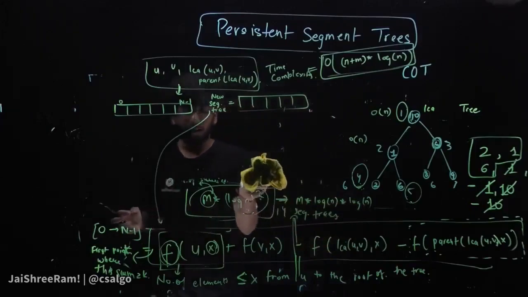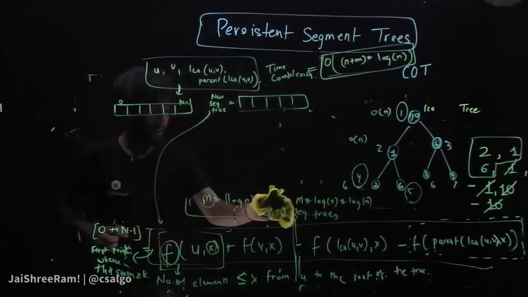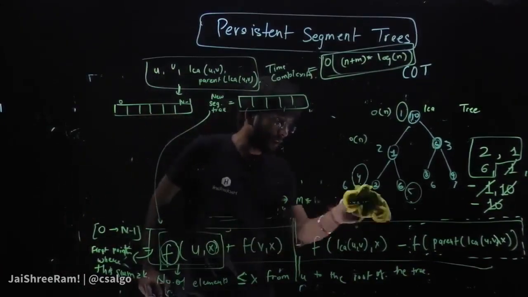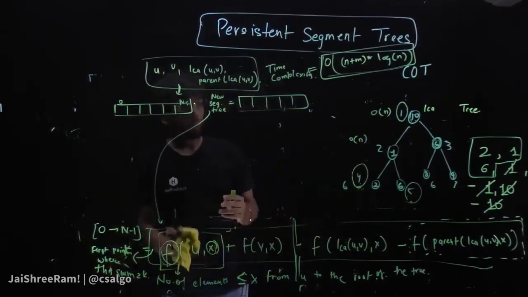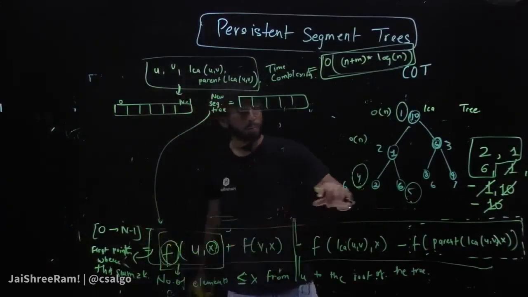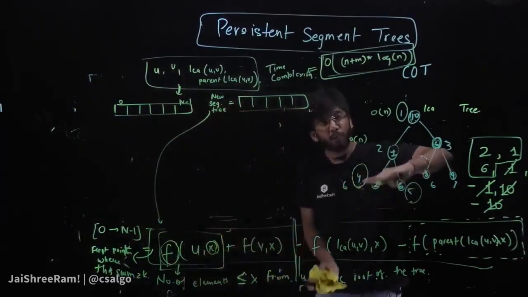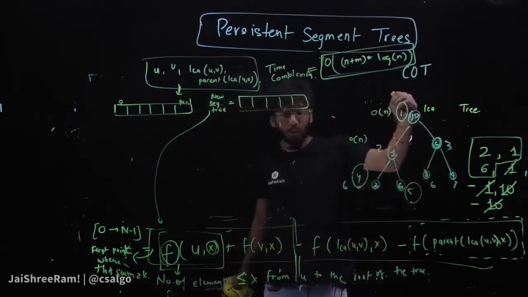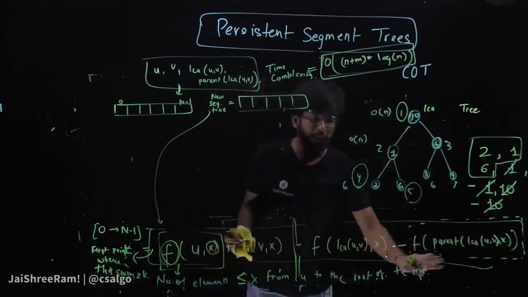But the point is, is this consideration correct? Absolutely, because what this stores is the frequency of everyone that's present from U to the root. This stores the frequency of everyone that's present from V to the root, and so on and so forth. Same for this and same for this.